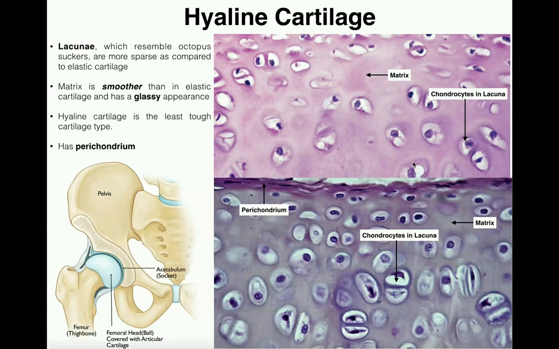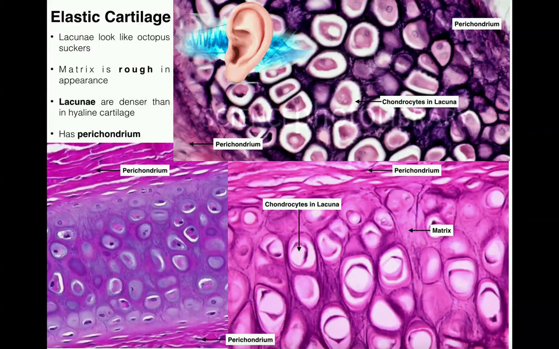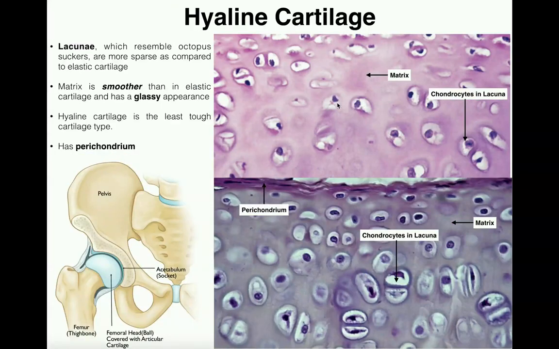They're not as densely packed as we're going to see in elastic cartilage on the next slide. So in hyaline cartilage, these lacunae are more distantly spaced. Also, the matrix that runs between all the lacunae is very smooth looking, almost very glassy in some images that you'll see.